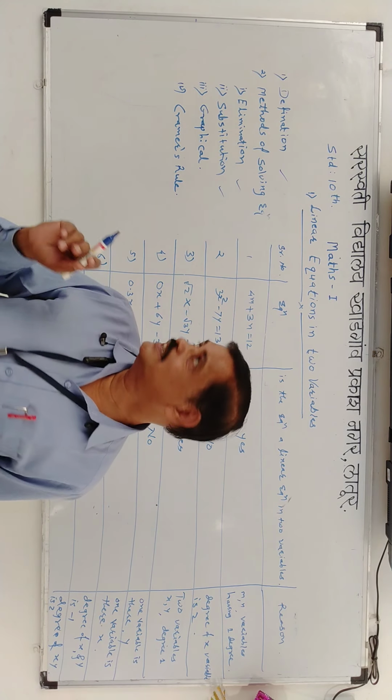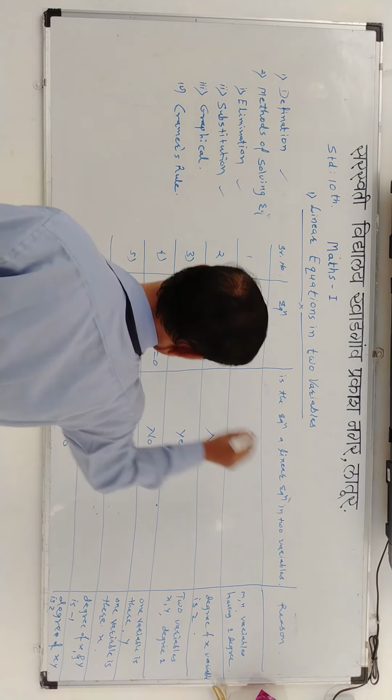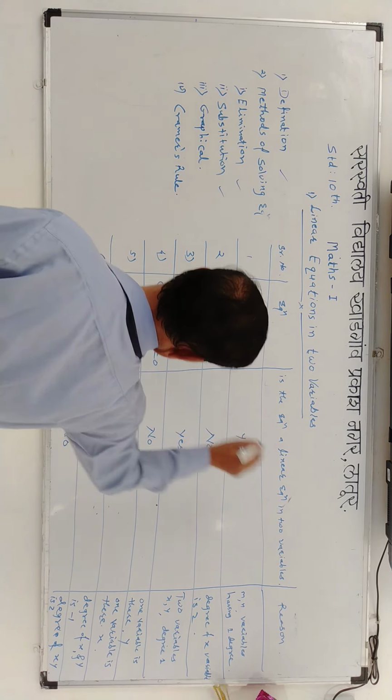Now this chapter has 12 marks, and the 12 marks are divided into 1 plus 2 plus 2 plus 3 plus 4, like this.